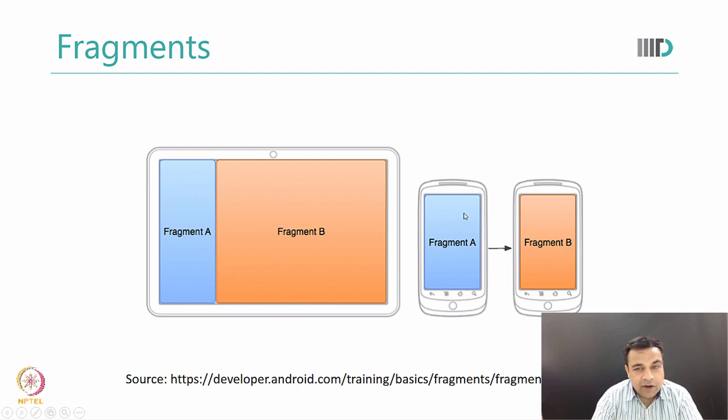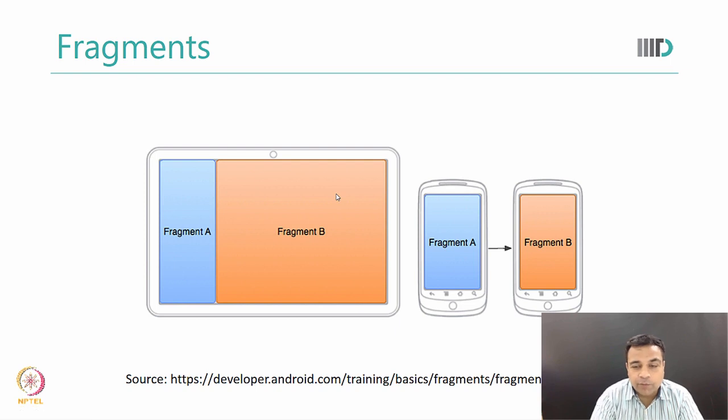So for the phone we will have a layout file which only inserts one fragment. For the tablet we will have a layout file which inserts two fragments. So that's how you insert a fragment into an activity to create the overall view.